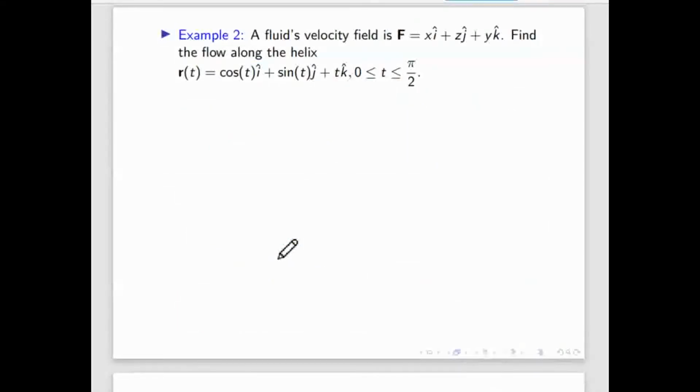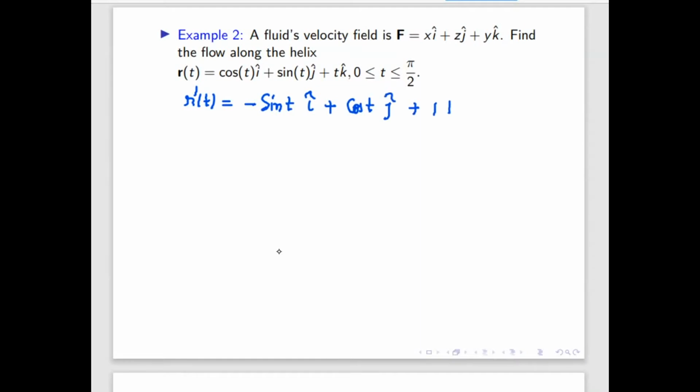So again we will do the same here. We need r'. That will give minus sin t î + cos t ĵ, and the derivative of t is 1 k̂.